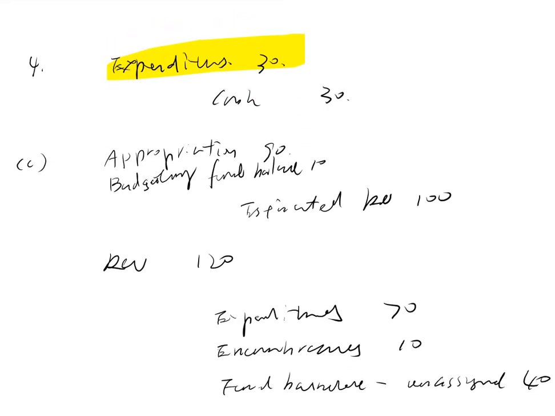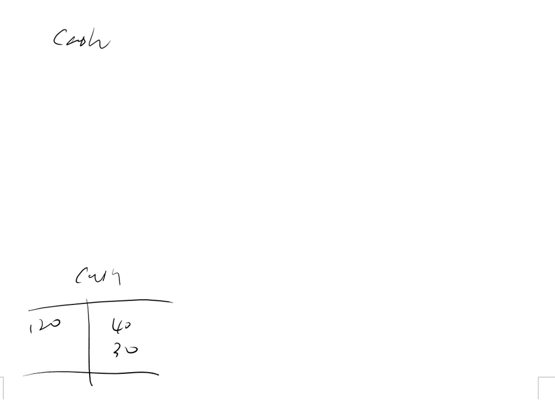Then we credit another 30. That's basically it, now we know the cash balance. We debit 120, we credit 40, we credit 30. So we should have a cash balance of 50. Report 50.